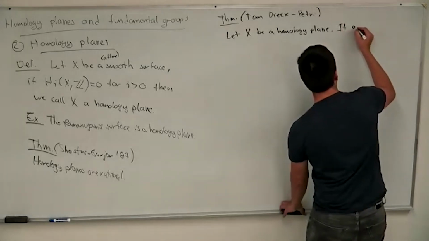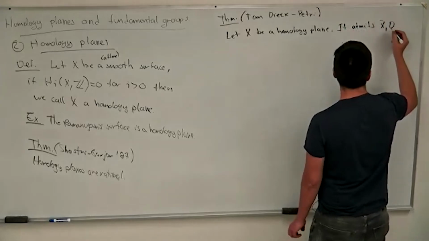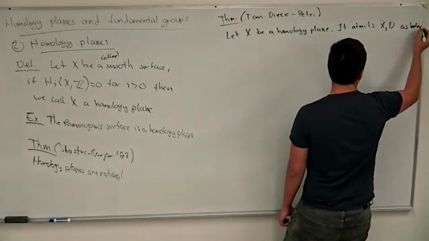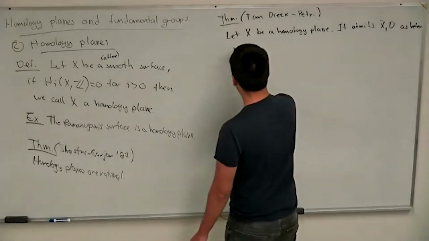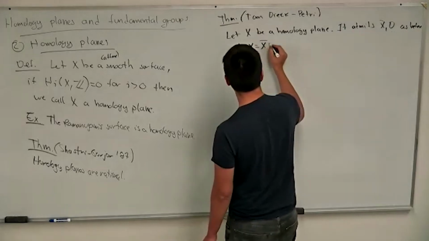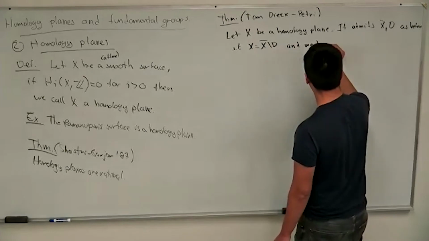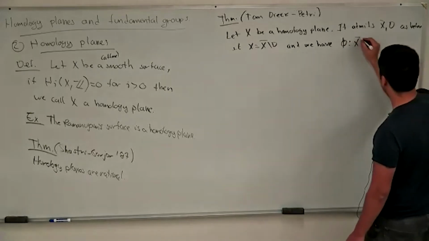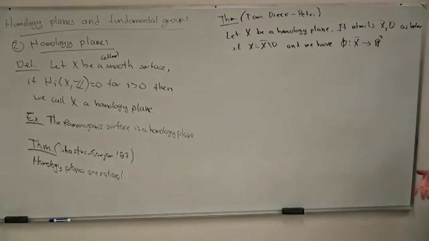So it admits X bar and D as before. So we have that X bar is a projective surface and D is a divisor on X bar, such that we can write X as X bar minus D, and we have a morphism phi from X bar to P2. So what this is telling us is that we can get the homology planes out of P2.